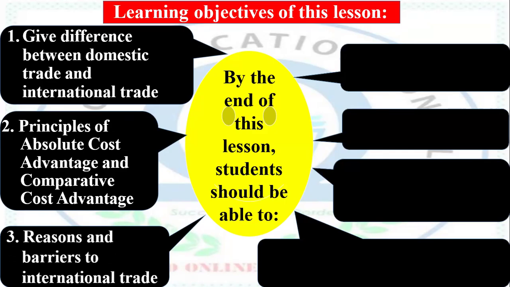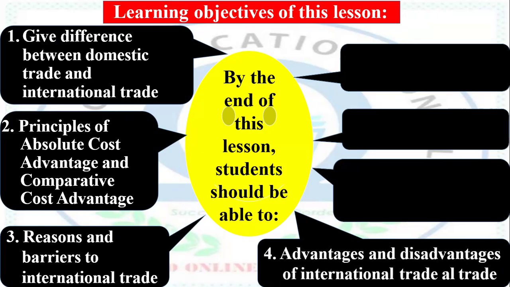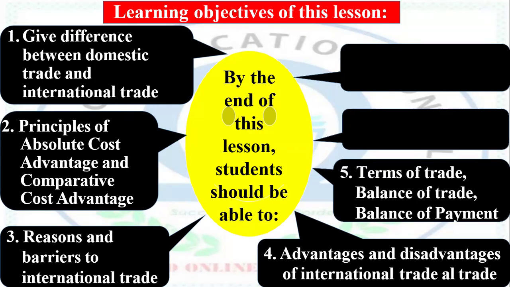We will discuss barriers to international trade and the reasons for the barriers. You should also be able to explain the advantages and disadvantages a country stands to gain or lose as a result of international trade.